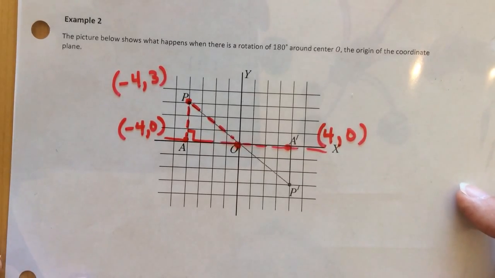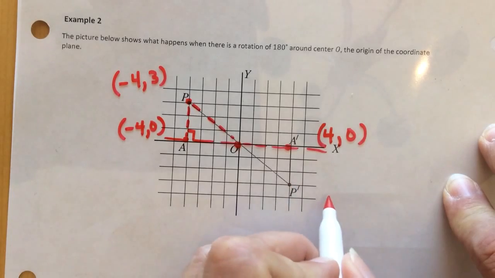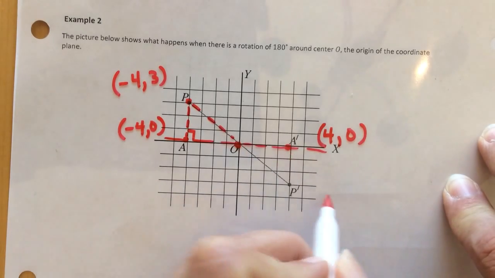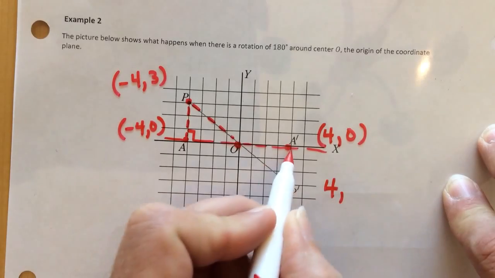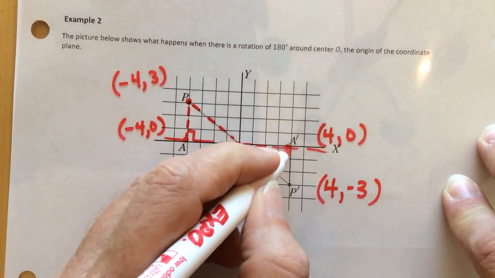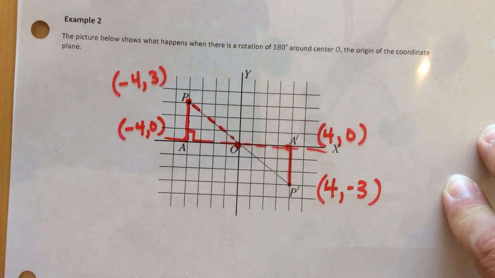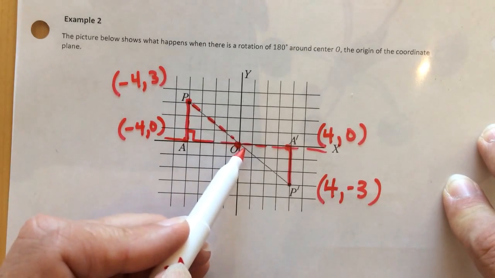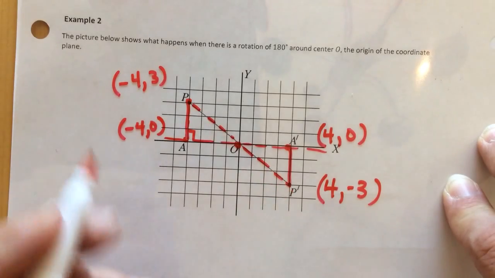Therefore, my point P prime, this distance has to be 3, and the x-coordinate has to be the same as the A coordinate. So this is going to be 4 and -3. Because I know this distance and this distance have to be the same, coupled with the fact that these points are going to fall on the same line.